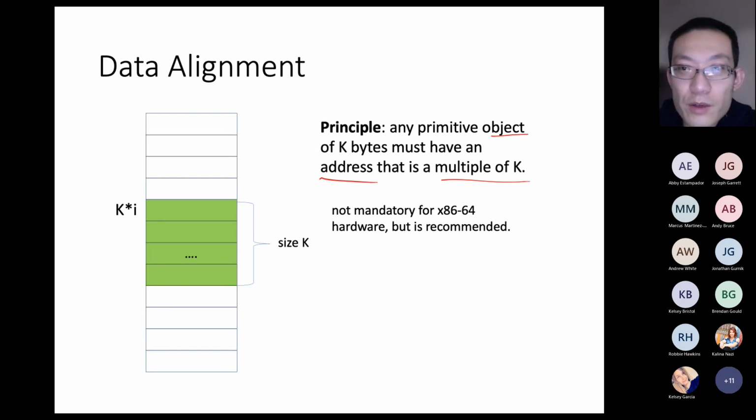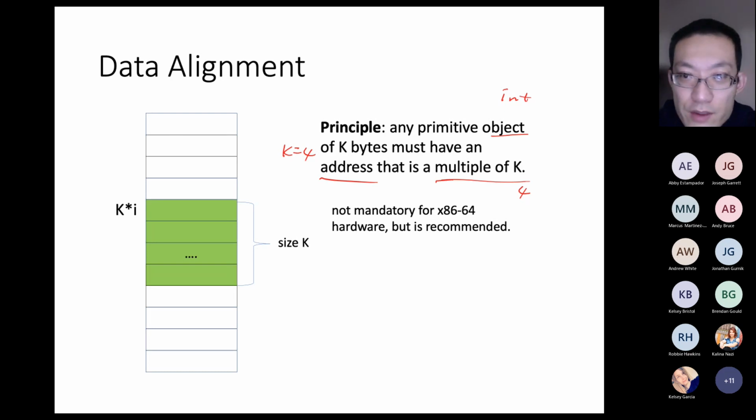Let's give you an example. Let's assume this object is an integer, and the size of the integer is 4 bytes. For this 4 bytes integer, the address to hold this integer should be a multiple of 4. So we can talk about the example.